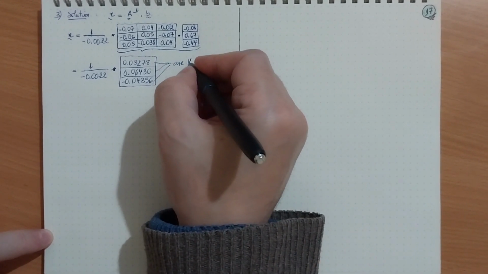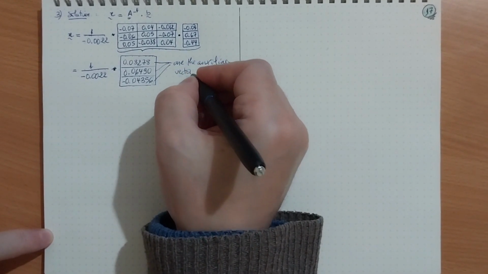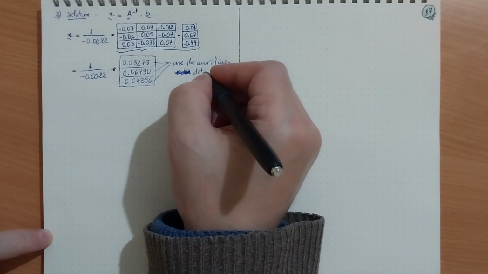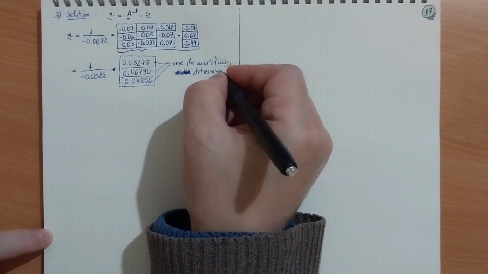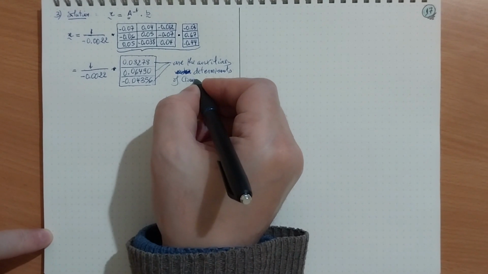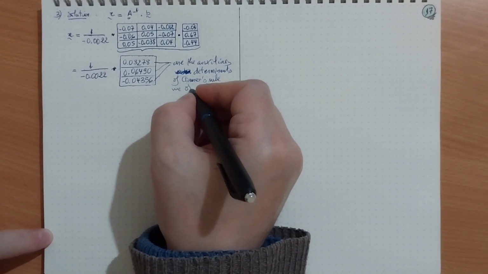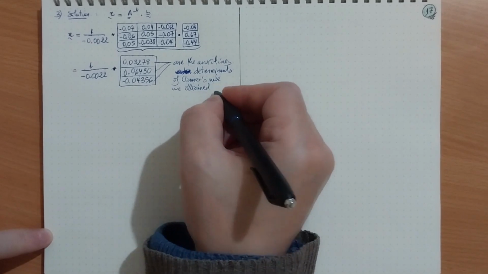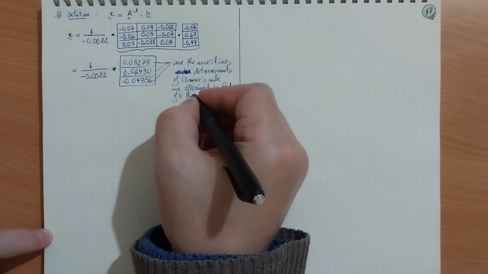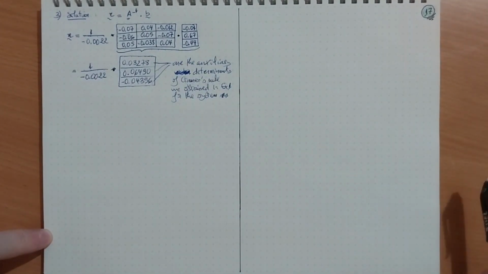The auxiliary determinants are the auxiliary determinants of Cramer's rule we obtained in exercise 1 for the same system, for the system number 1. So this is an important note.